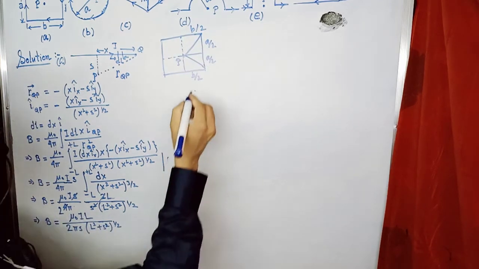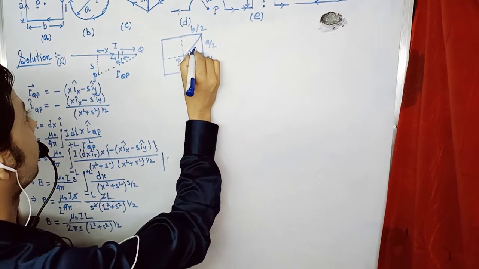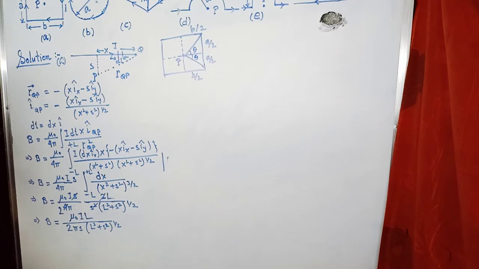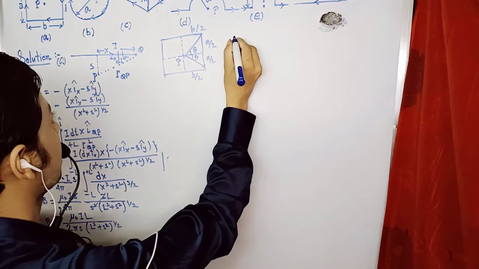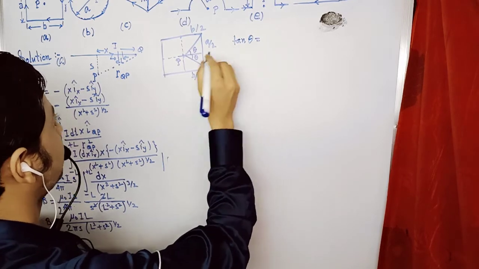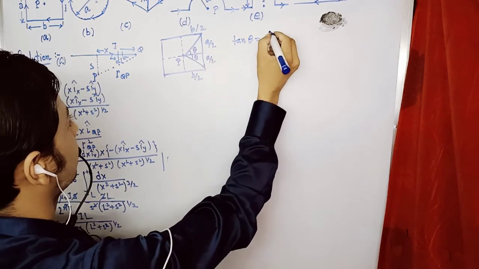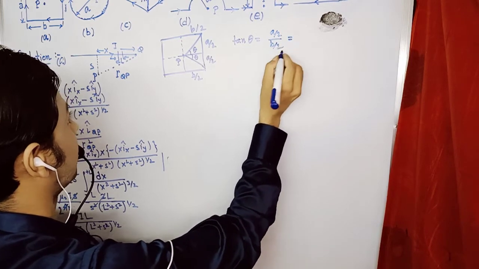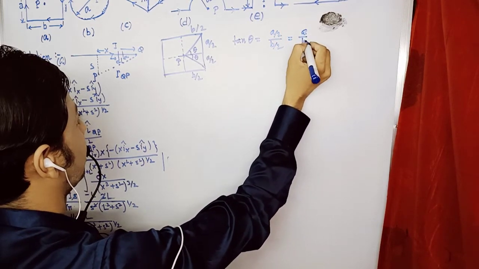Now if this angle is theta, and this angle is also theta, then we can write tan theta is equal to a divided by 2 divided by b divided by 2, which is equal to a upon b.